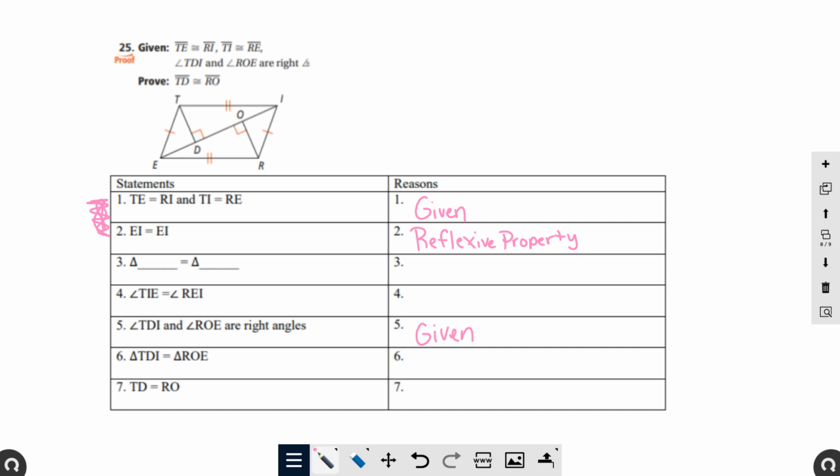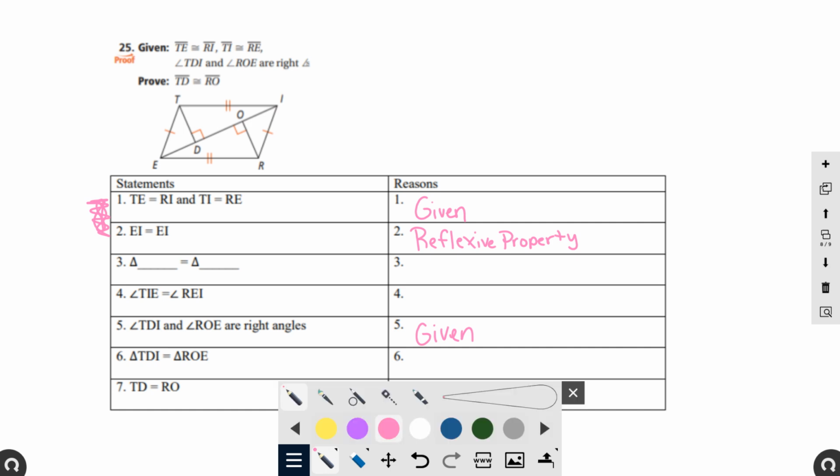So we have to use those same letters when we talk about the triangles that are equal. So we might need to draw some triangles that have those letters in them. T, I, E, and R. What are those triangles going to look like? So what triangles is it talking about?